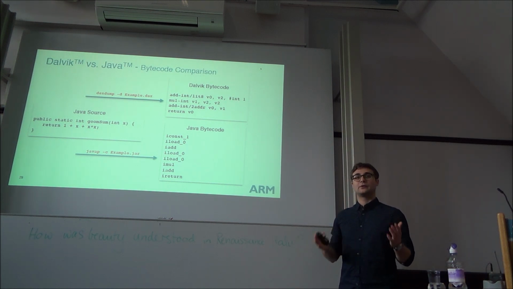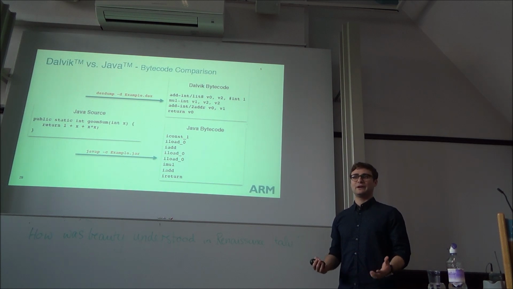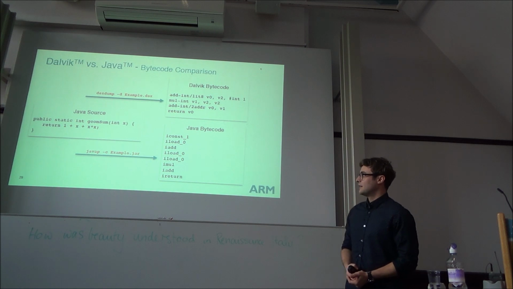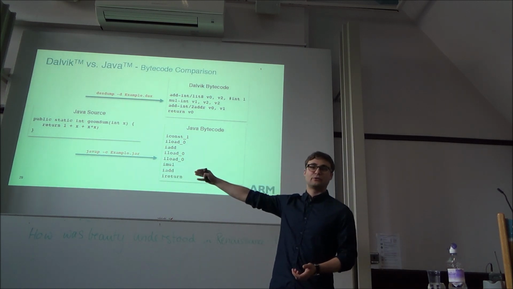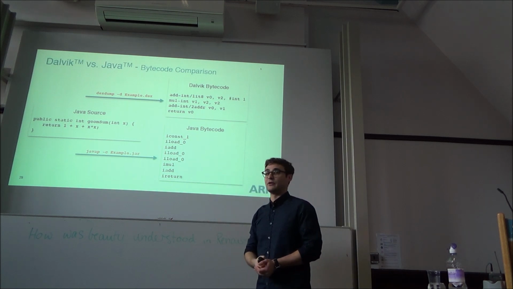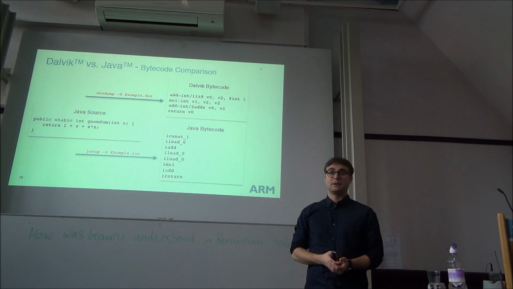You often hear in the Android context people referring to the Android virtual machine as a Dalvik virtual machine. But why isn't it a Java virtual machine? Because my code is Java. So this is the Java source, just a simple example. It could also be Angry Birds written completely in Java. And those are two bytecode implementations.